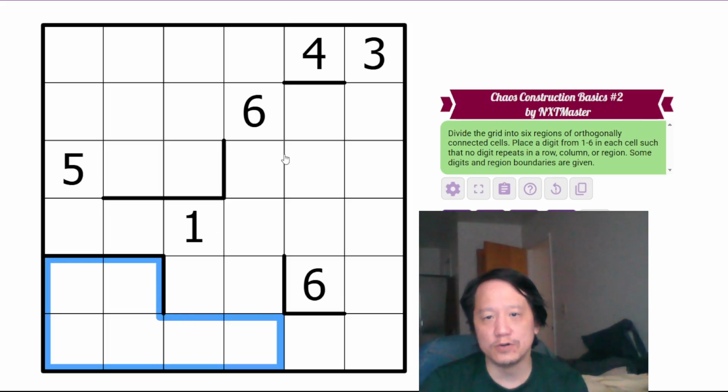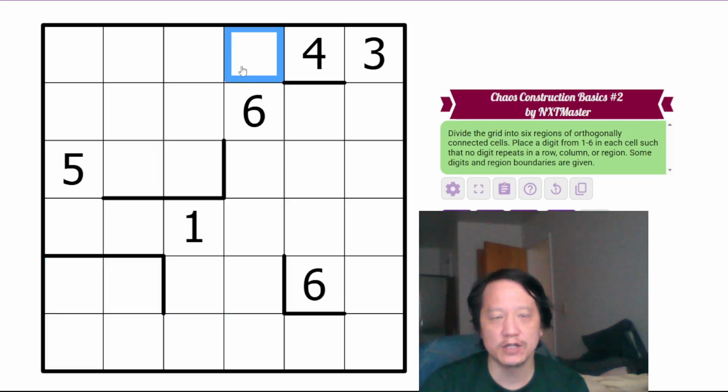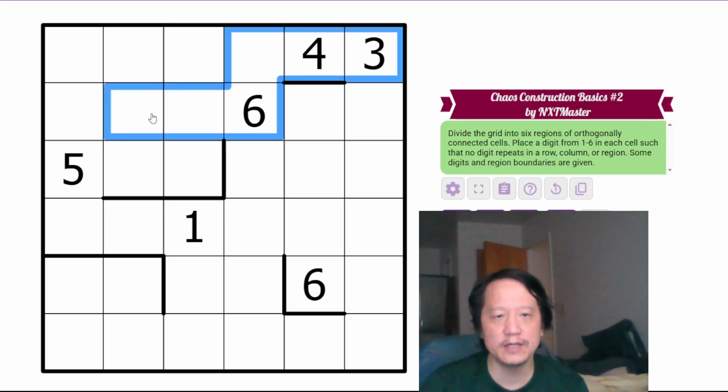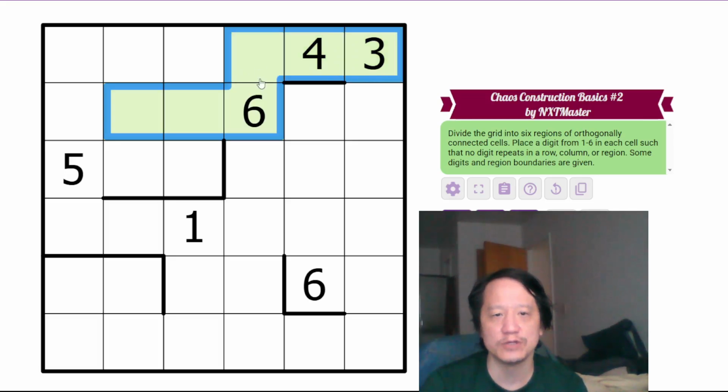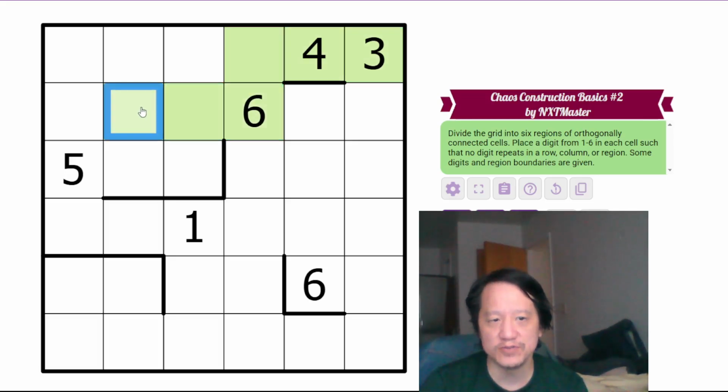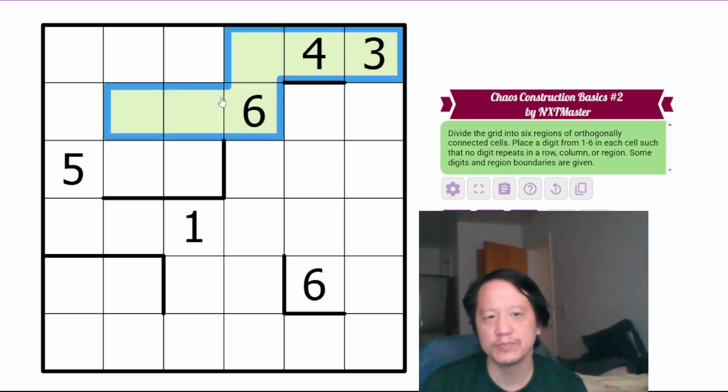So first of all, what is a region of orthogonally connected cells? It means you can go from any cell in the region to any other cell in the region just by going through edges, all while staying within the region. So for example, to get from here to here, you can go along these edges, all while staying within the region.